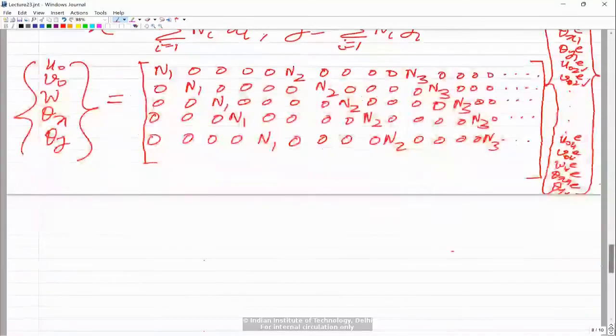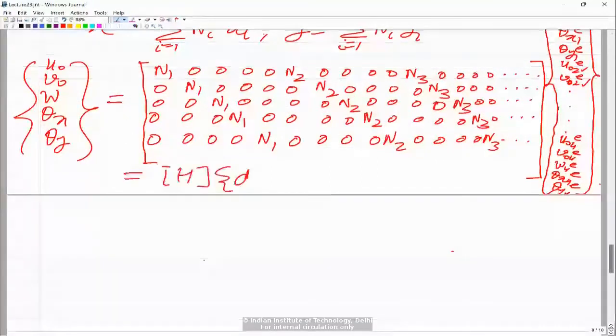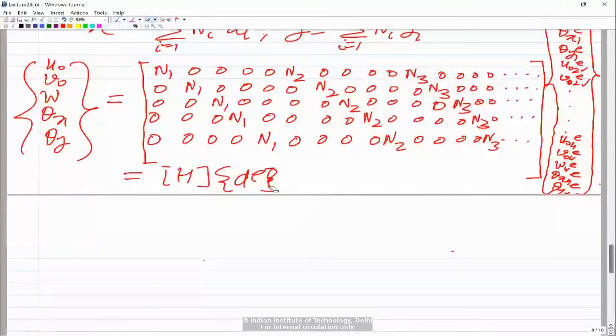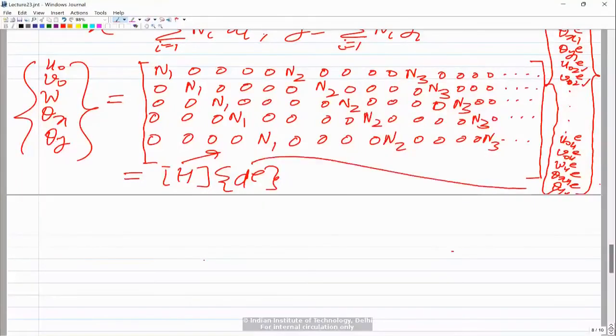So as you see, we can write this as H into DE. So H is the interpolation matrix, and DE is the vector of elemental degrees of freedom. So this is your H, and this is your DE.